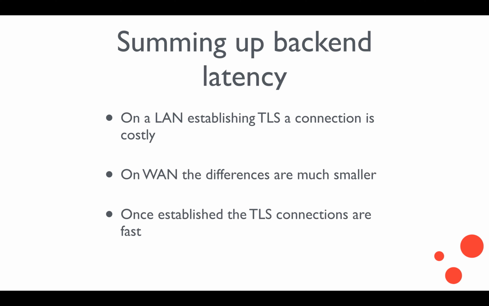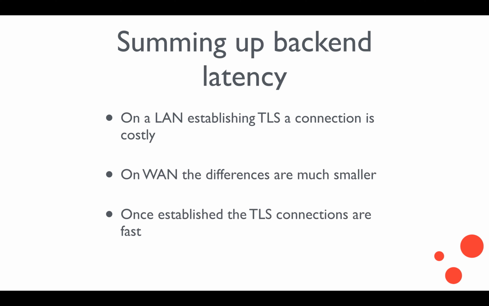If you're on an internet connection, a WAN connection, the difference will of course be much smaller. It becomes harder and harder to see the impact that the TLS negotiation will have.